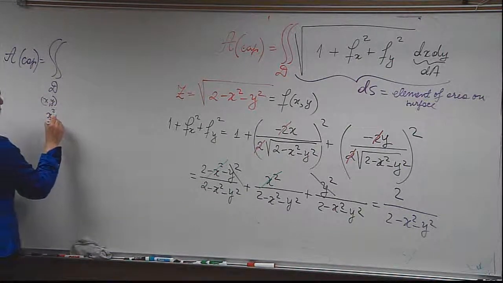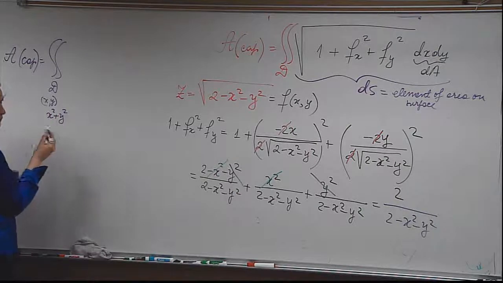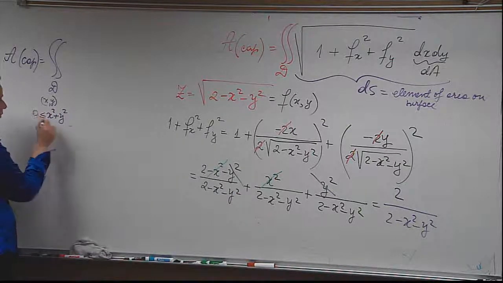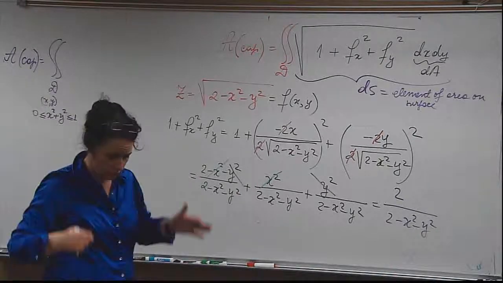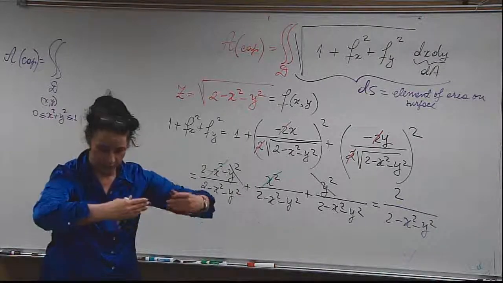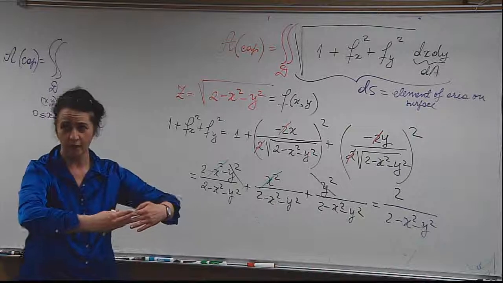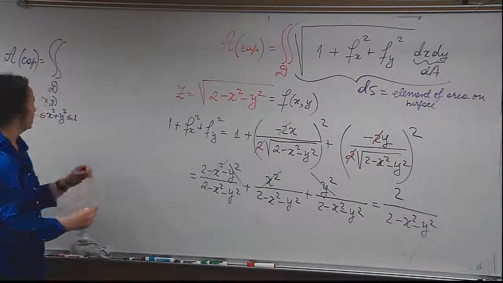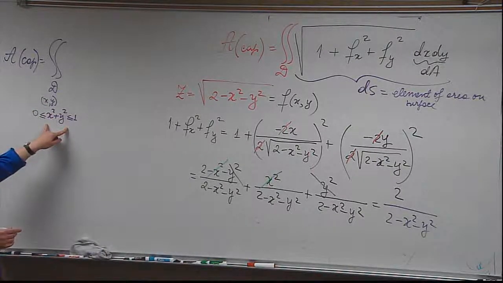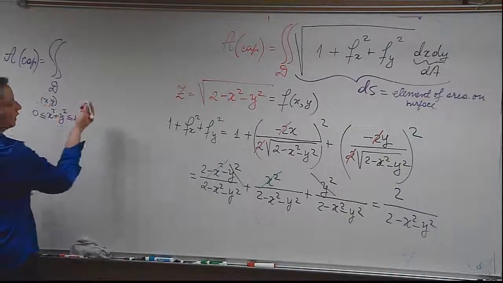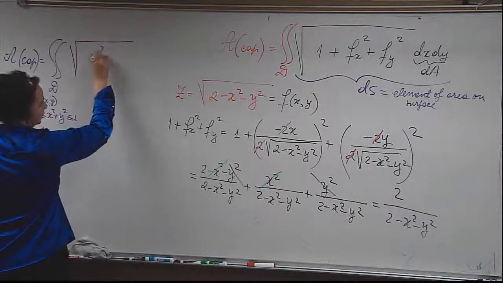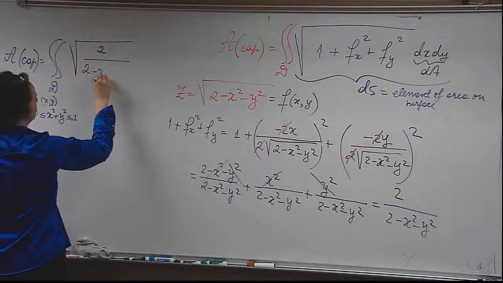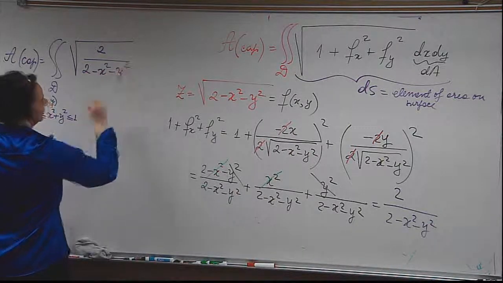X squared plus y squared was between what and what? 0 and 1, because that was our projected domain, the shadow on the ground. Okay, that was this unit disk. And does it look ugly? I have to put it under the square root. Don't be afraid of it because it's not much uglier than you thought.